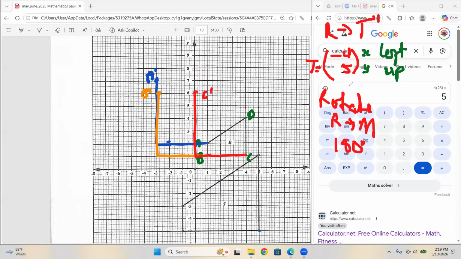The final one to do for this translated diagram is the one I labeled as D. So 4 to the left, 1, 2, 3, 4, 5 up. 1, 2, 3, 4, 5.